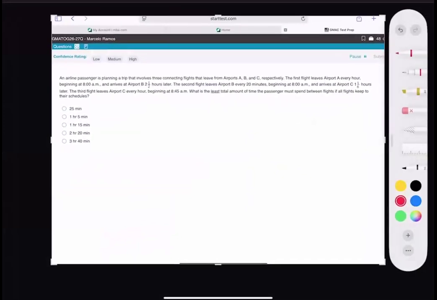An airline passenger is planning a trip that involves 3 connecting flights that leave from airport A, B, and C respectively. The first flight leaves airport A every hour, beginning at 8 a.m. So 9, 10, 11.